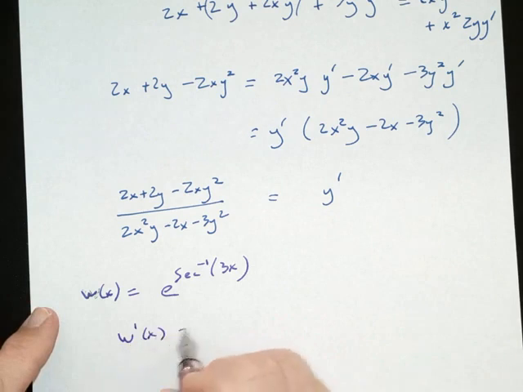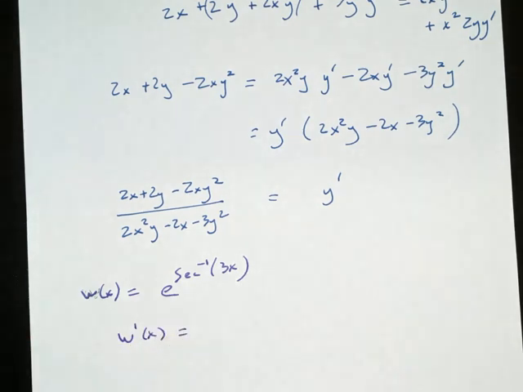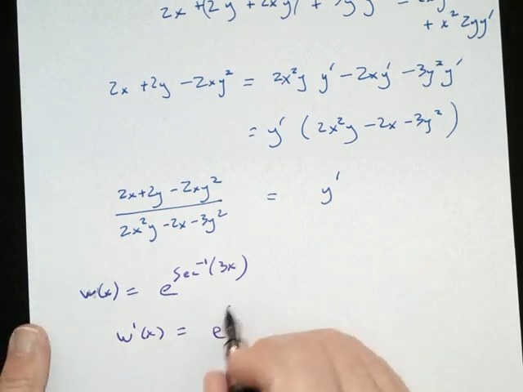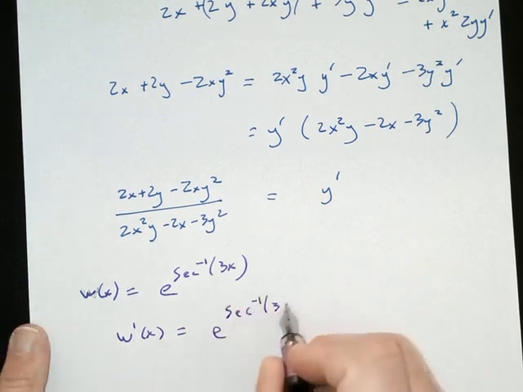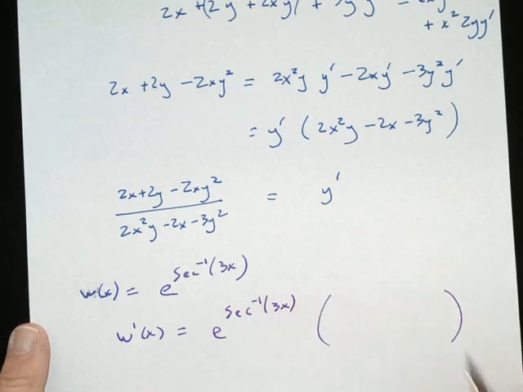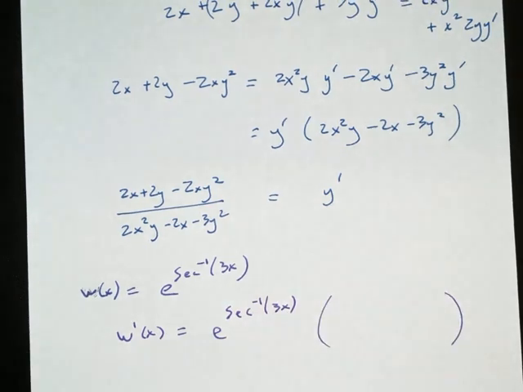But I do know the derivative of e to the stuff is e to the stuff. And now the chain rule comes in play. Off the formula sheet, the derivative of the inverse secant. Now, let me make a little note off to the side, because the formula on the formula sheet is secant inverse of x.